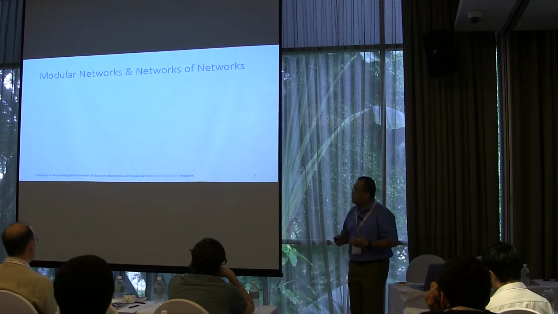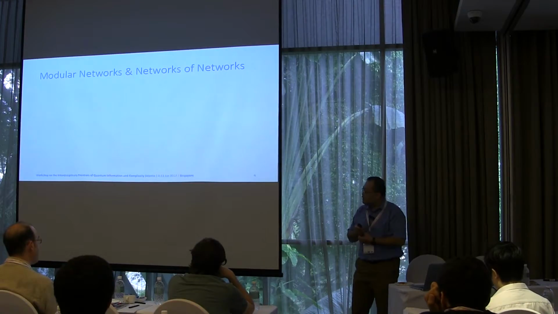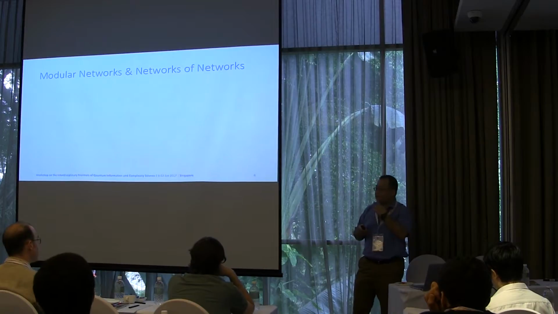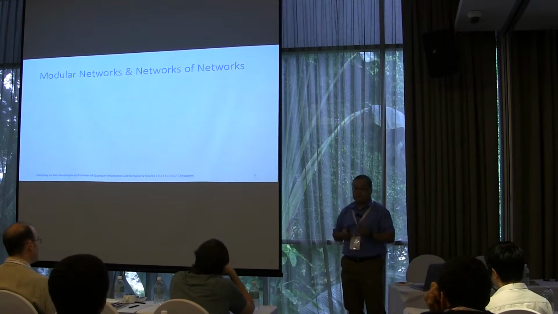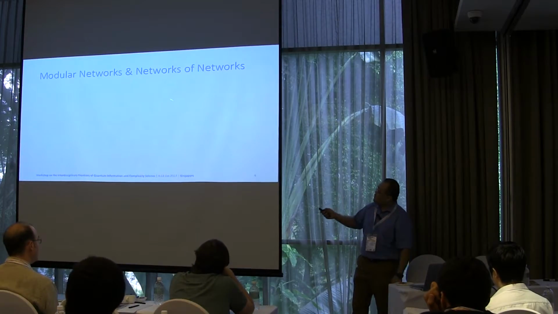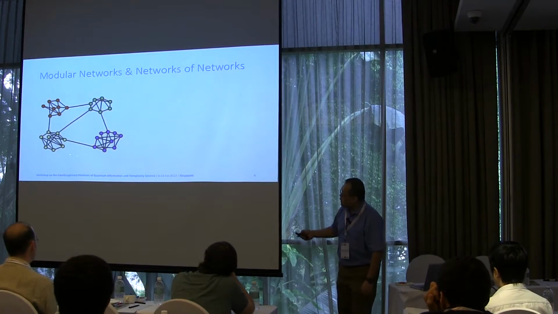Okay, so now let me fast forward a little bit. Obviously, there are lots of topics and questions that you can ask about complex networks, but the one I feel is interesting or important to the problem of information processing has to do with modular networks, or more recently, people have studied networks of networks. They are slightly different. So this is a modular network.